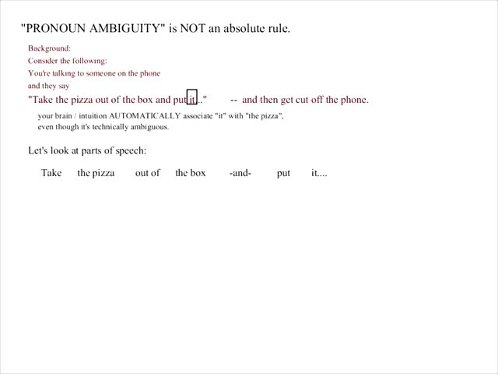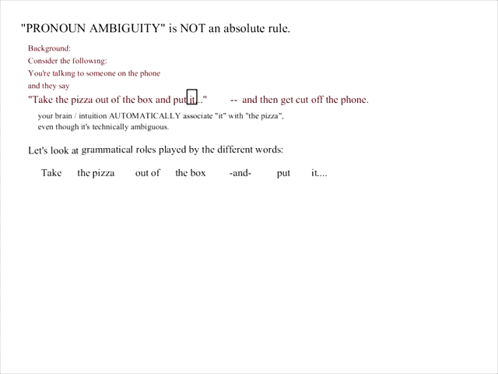Okay, let's analyze. So it's not so much parts of speech. Let's look at grammatical roles, which is probably a better way to say this, played by the different words.